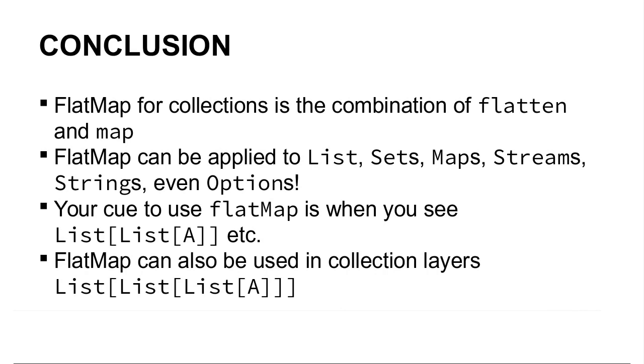Your mental cue, if you so care to use it, is whenever you see a list of a list, or a list of a list of a list, or a set of a set of a set, or a map of a map, whenever you see these kind of embedded collections and you don't want it that way, then use flat map. And of course, you can use it for multiple collection layers in the case of a list of a list of a list.